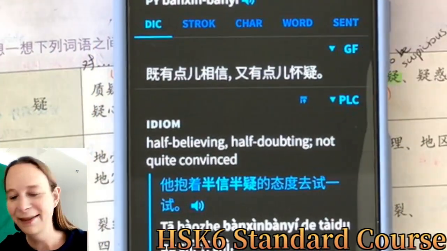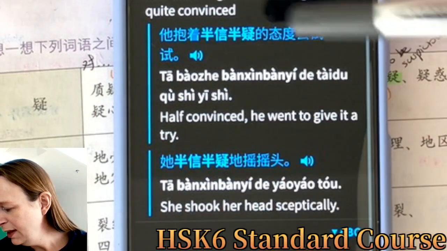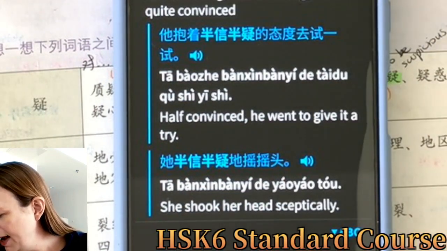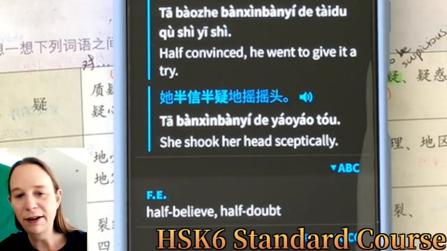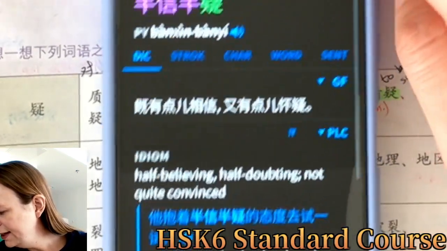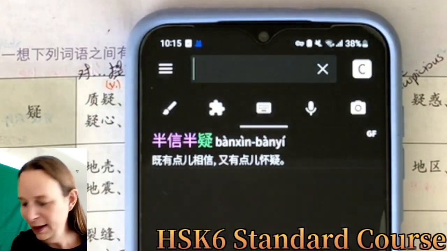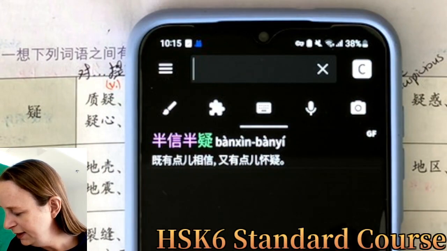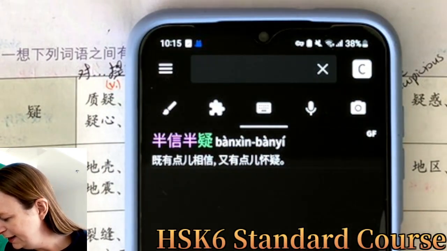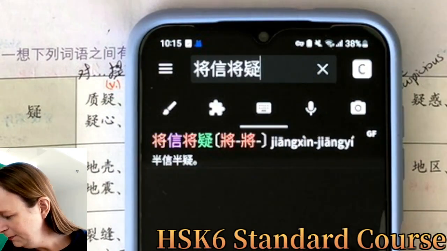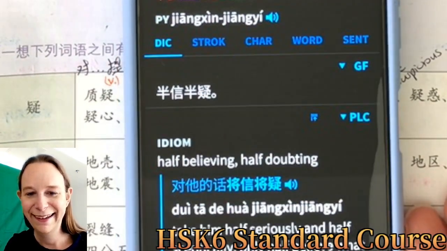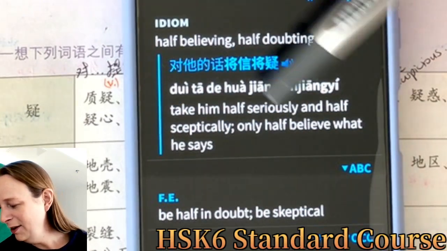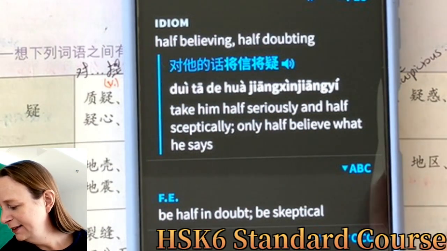Oh, I counted it as an idiom, all right. 他抱着半信半疑的态度去试一试。Okay, yeah. 他半信半疑的摇摇头。Also, there is a synonym you need to know. 将信将疑. It's really quite similar, but you need to know it exists. 将信将疑. It's the same. 对他的话将信将疑.